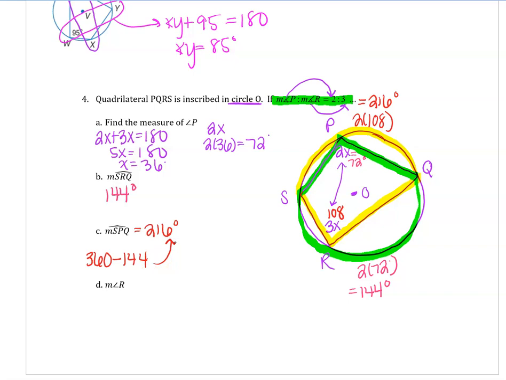So again, two ways to think about that part of the problem. Now lastly, what is the measure of angle R? Assuming I did it the second way for C, I would just halve it, and that gives me 108. Or, as you can see, I had already found it a different way. Whatever you want to do there, those are your solutions.